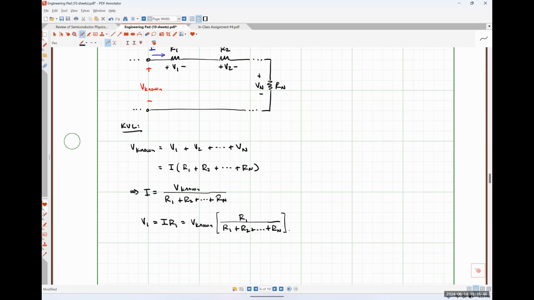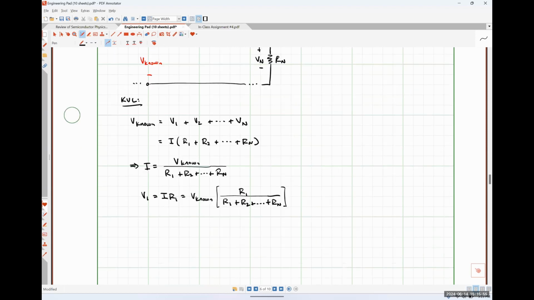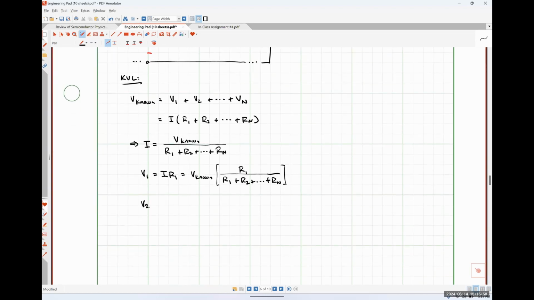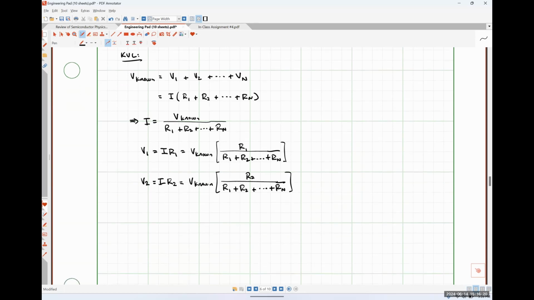So effectively, we can say that the voltage drop V1 is just our known voltage times a proportionality constant, right? And the proportionality constant is just the resistance that we're interested in divided by the total resistance. If we wanted to find the voltage drop across resistor R2, we could do the exact same thing. So I times R2 comes out to be V known multiplied by R2 divided by R1 plus R2 plus all the way out to R sub n.